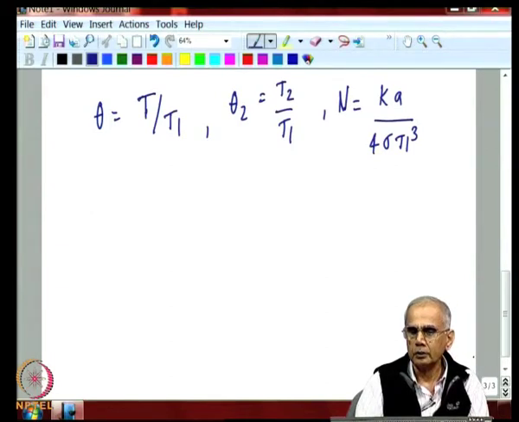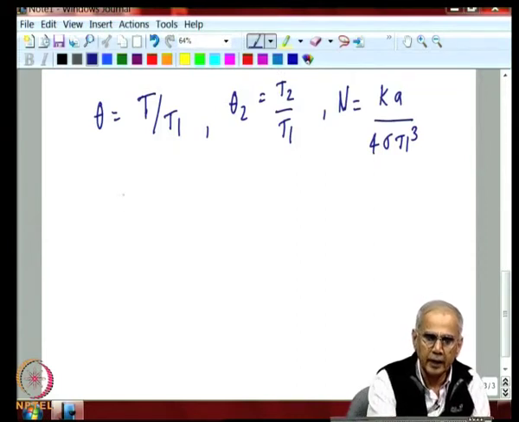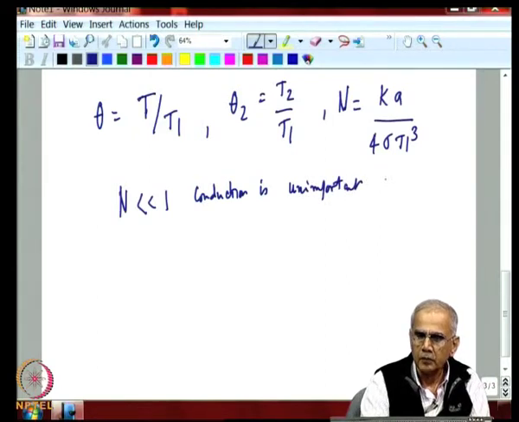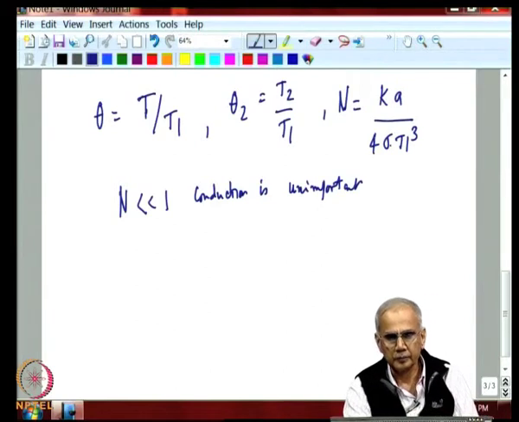Now, this parameter is very important. This is just a ratio of temperatures. This parameter n is very important because if n is much less than 1, conduction is unimportant. Conductivity is so small that radiation dominates.